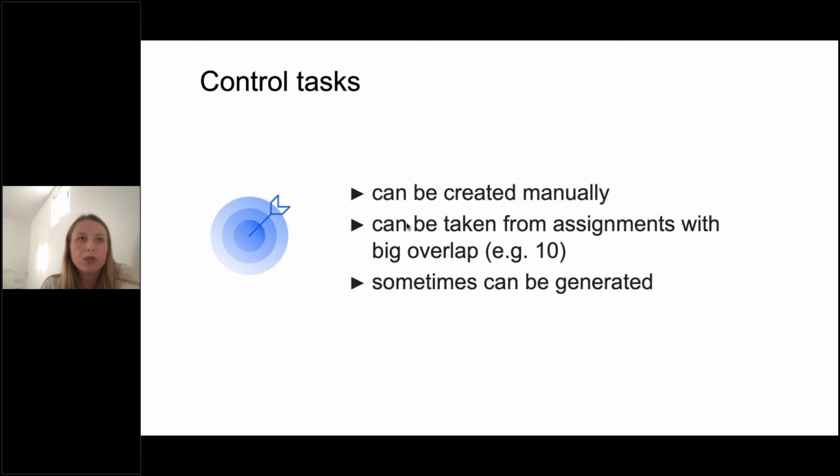So for example, you could use very big overlap. For example, you could ask 10 people to do the same task. Or sometimes they can be generated. This is maybe a rare case in some machine learning problems where automatically we have some examples of control tasks.